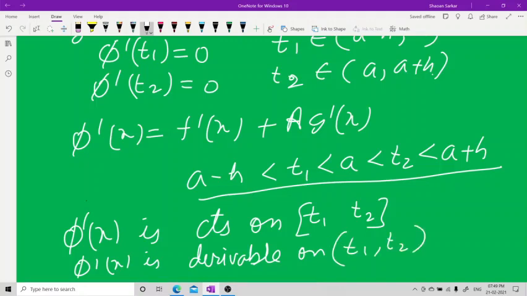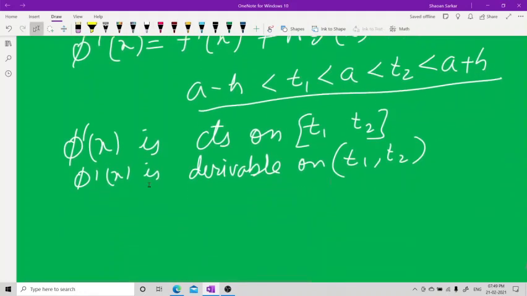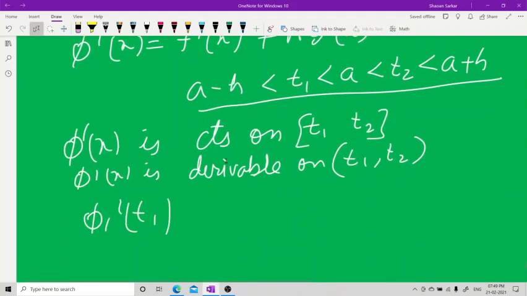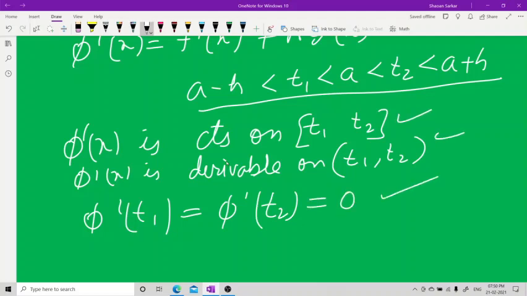Now phi dash t1, I just showed you here. See, phi dash t1 is what? 0. Phi dash t2 is what? 0. Very nice. So Rolle's three conditions are satisfied.